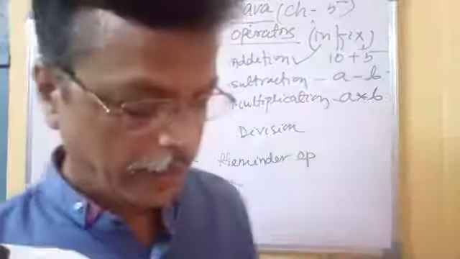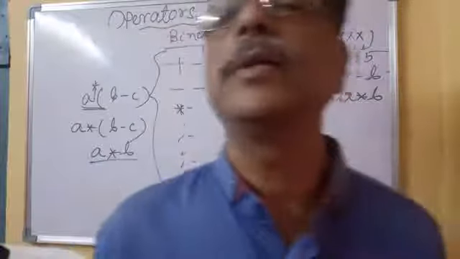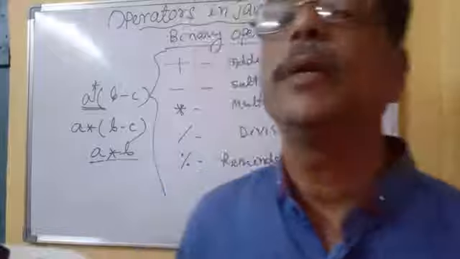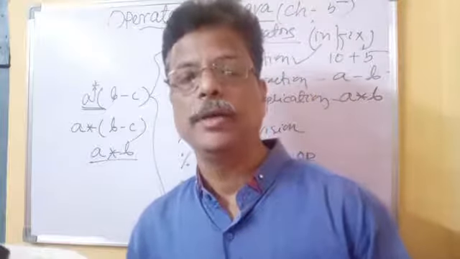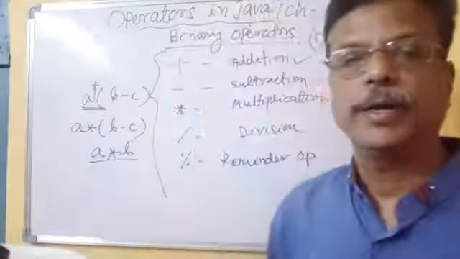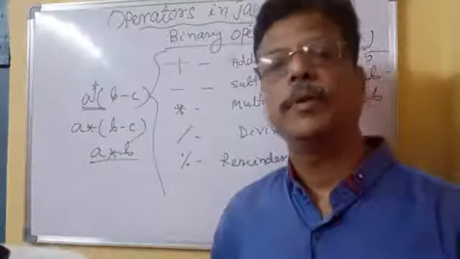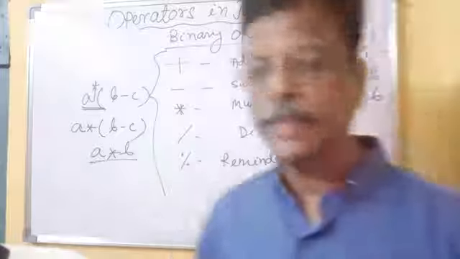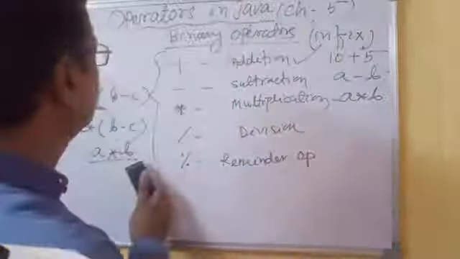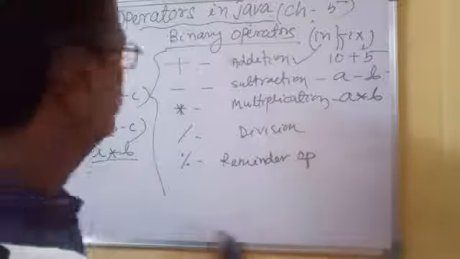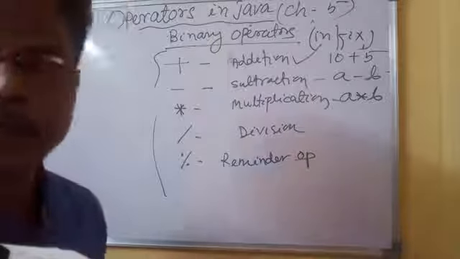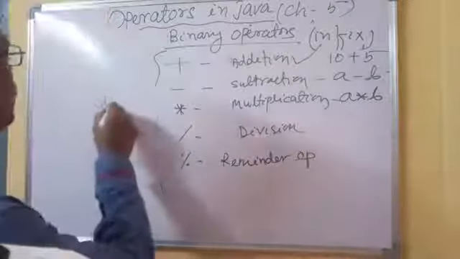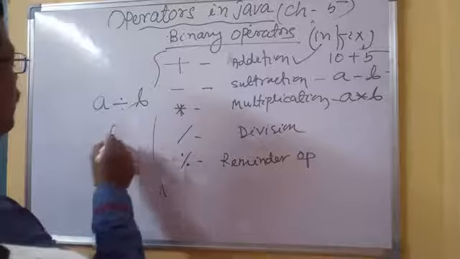So in mathematics we write multiplication in various ways, but here only one symbol is allowed, the asterisk symbol, and we need it to perform every kind of multiplication work. The next thing is the division symbol. Here only the forward slash is allowed. No other symbols are allowed for division. In mathematics we write a with the division symbol, or a by b.